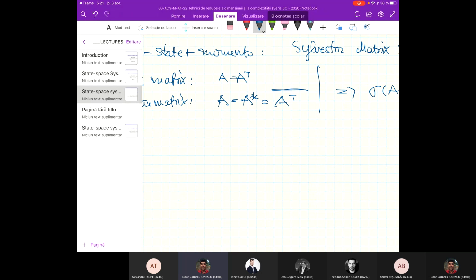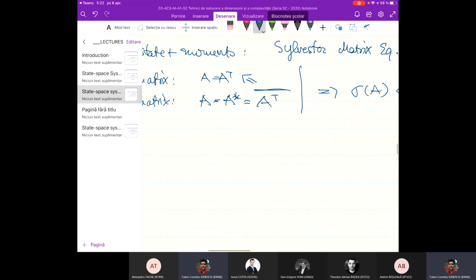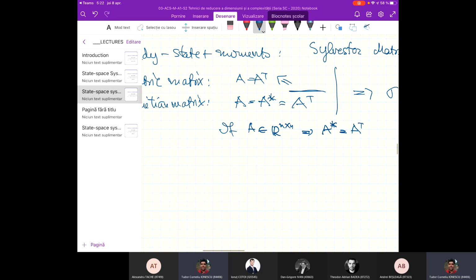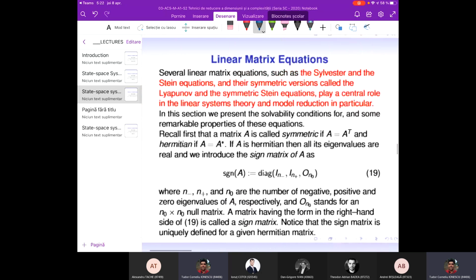Hermitian implies transposed, okay, this is for real numbers. So if A is a real matrix, then A star is A transposed. So Hermitian includes transposed, it is the higher notion.